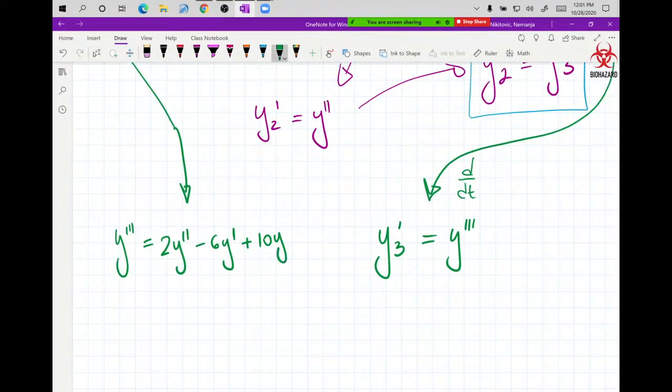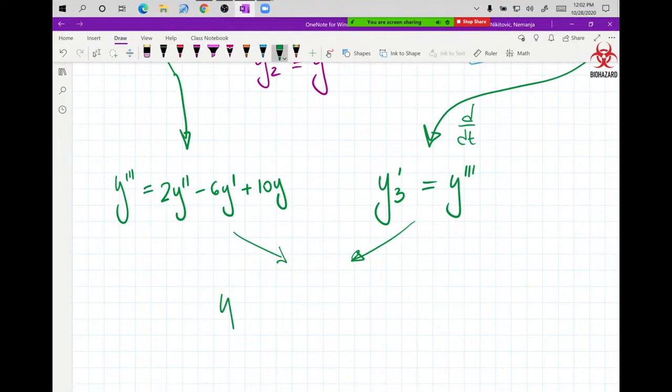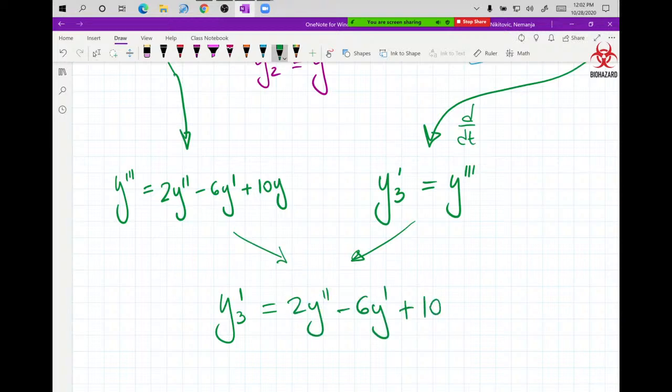Plus 10y, because they all go to the other side of the equal sign and they all change their signs. So now these two mushed together will give me y3 prime equals 2y double prime minus 6y prime plus 10y. But we are not allowed to use y's, just plug in y1, y2, y3 because we have them defined.